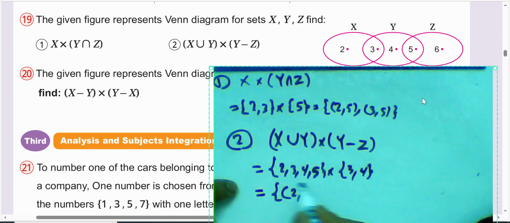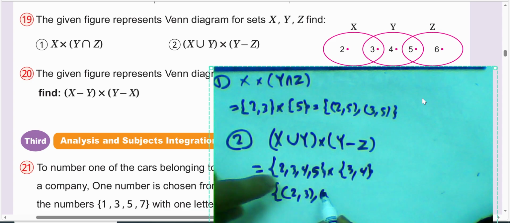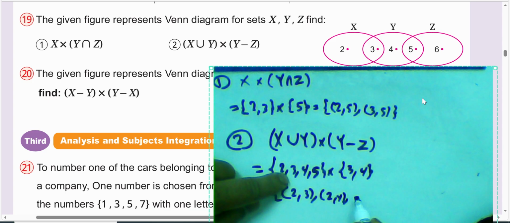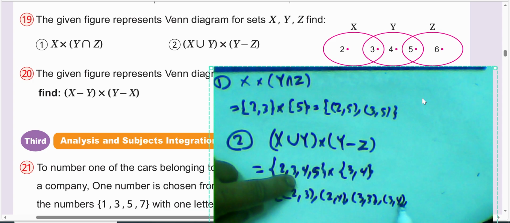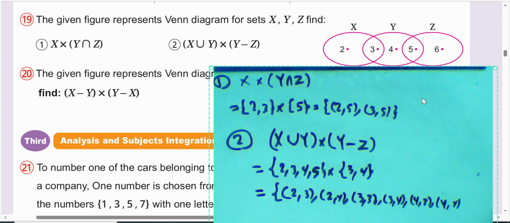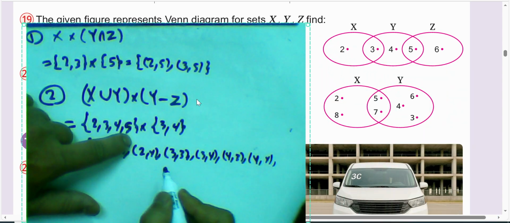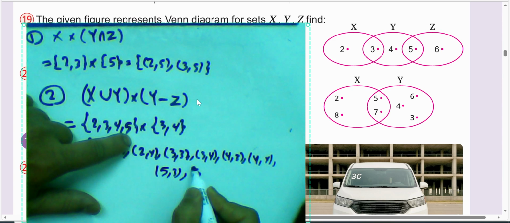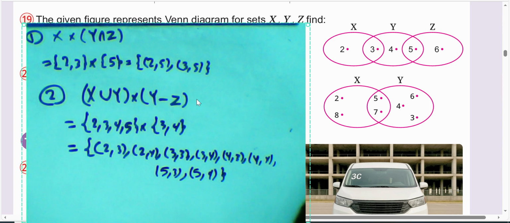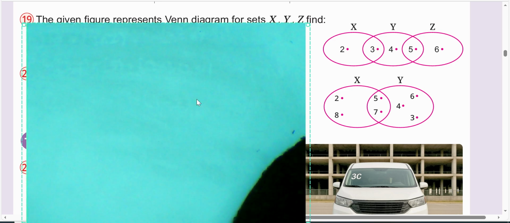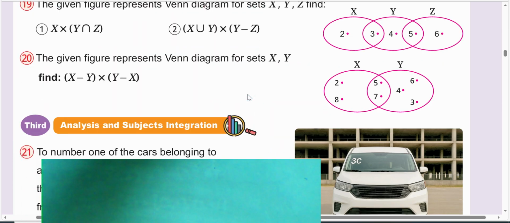We can write 2 and 3 first, and then 2 with 4, and then 3 with 3, 3 with 4, and then 4 with 3, 4 with 4, and then 5 with 3, and 5 with 4. This is number 2.